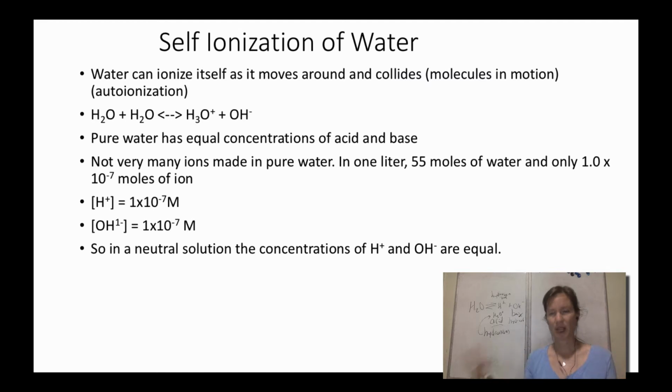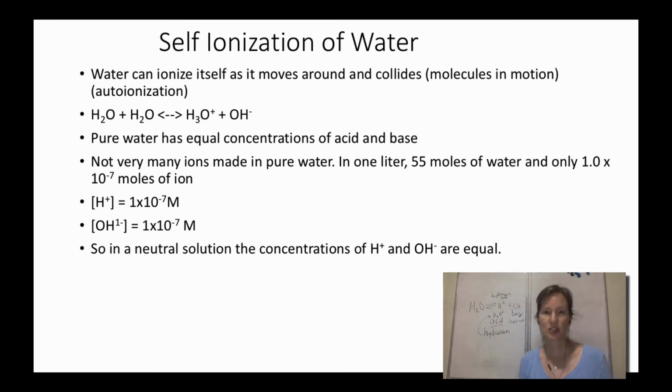And because we live in this aqueous environment, where our body's aqueous and the wildlife is aqueous and most of the food we eat is aqueous, this H-OH balance is really important. In neutral water, where I have the same amount of H and same amount of OH, I'll have 10 to the negative 7 of H and 10 to the negative 7 of OH. That's how many waters are dissociating, so that's how much H and OH I'll make, in moles in 1 liter.